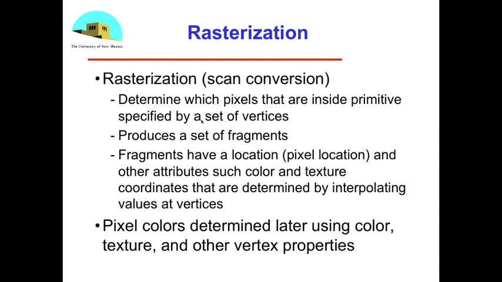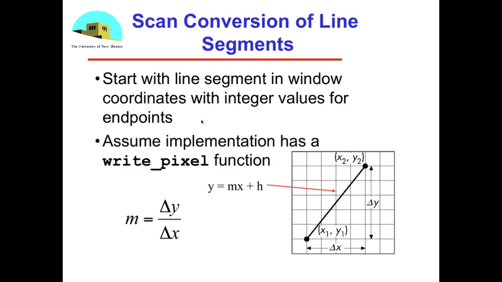So let's start with a very simple view of how we can rasterize a line segment. Let's assume we start in some kind of window or screen coordinates, so we have integer values for the endpoints of the line segment. Right here we're going to assume that those integer locations correspond to these points in the frame buffer, which has coordinates 0, 1, 2, 3 in the x direction.